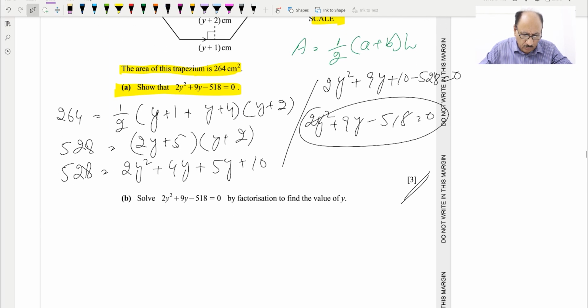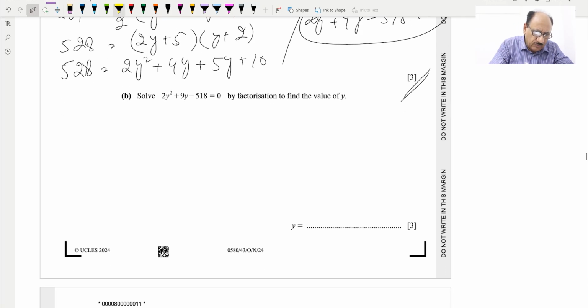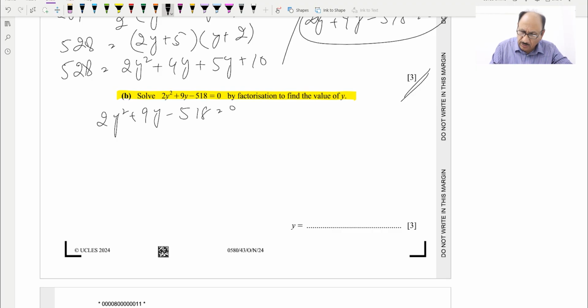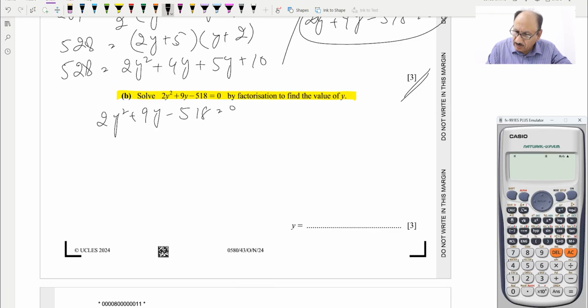Hopefully you understood this. Now for the B part, they are saying solve this equation by factorization to find the value of y. They bound us to use factorization, so we'll be using factorization, but we will be using the calculator, and we will show the complete work.